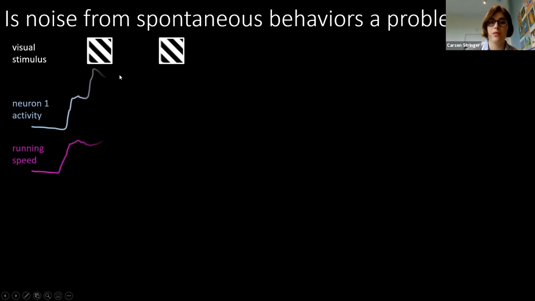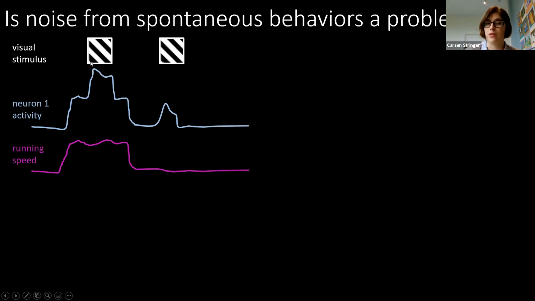And then when the stimulus comes in, this rides on top of the response to the running. So if you just look at this single neuron, you're going to see noise from trial to trial, even though you've shown the same exact visual stimulus. So you wouldn't necessarily be able to decode the stimulus using this single neuron.